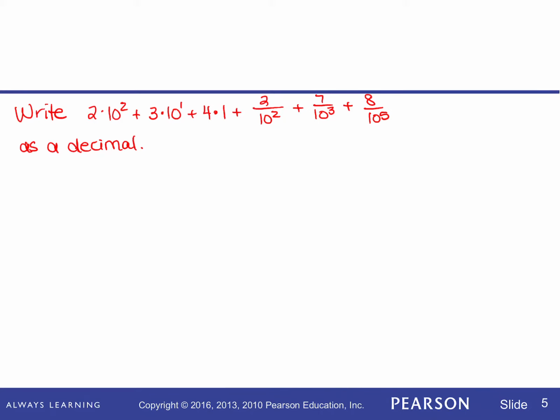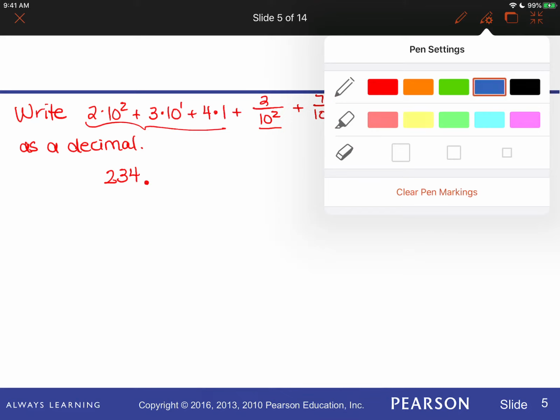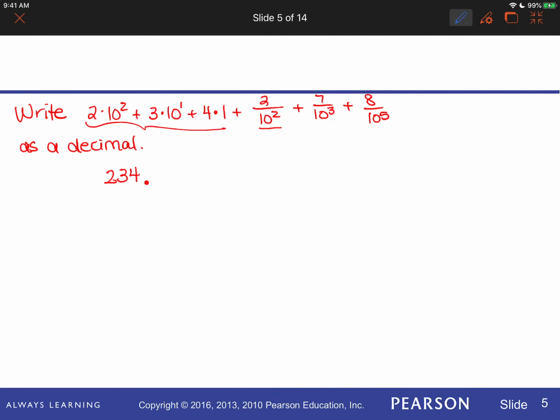All right, so hopefully you've tried. These first 3 terms are just regular scientific notation that we've seen already this semester. So this is 2 hundreds, 3 tens, 4 ones, and now the issue here is we started with 2 over 10 squared. There's an understood 0 over 10 to the first here.